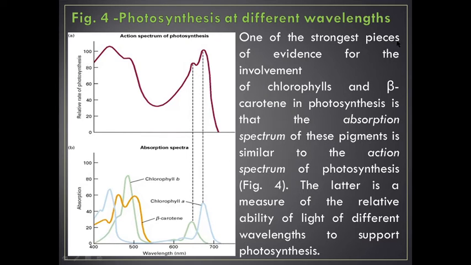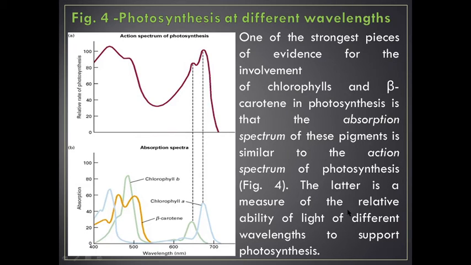One of the strongest pieces of evidence for the involvement of chlorophyll and beta carotene in photosynthesis is that the absorption spectrum of these pigments is similar to the action spectrum of photosynthesis. See, this is the action spectrum and this is the absorption spectrum. The absorption spectrum of beta carotene and chlorophyll A is the same as the action spectrum.